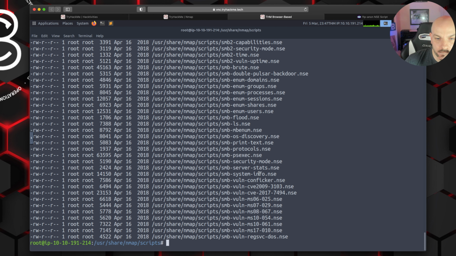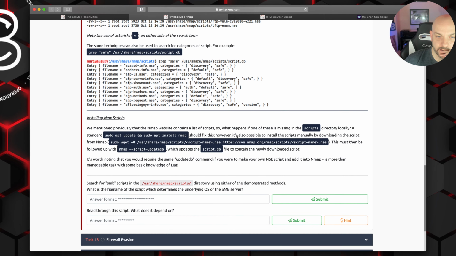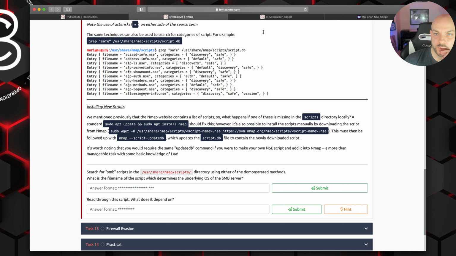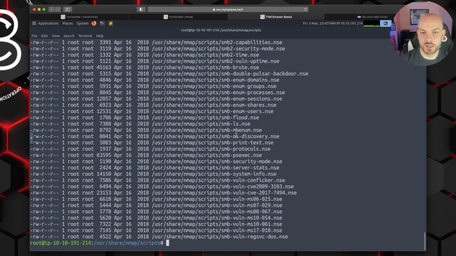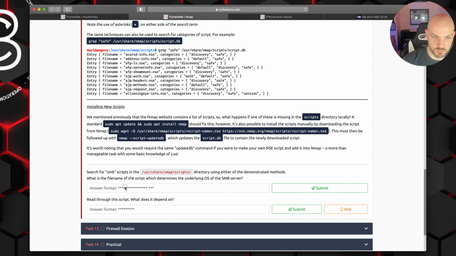System info, maybe? Or OS discovery. smb-os-discovery? Yeah, let's go with that one. smb-os-discovery.nse. This one. Cool. Read through this script.